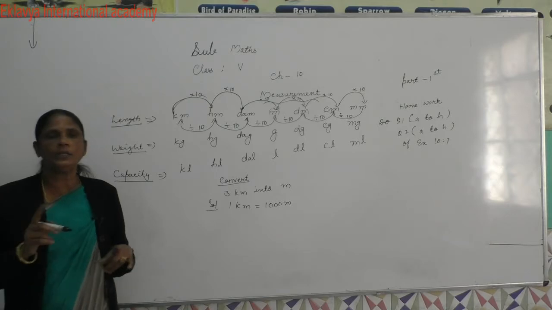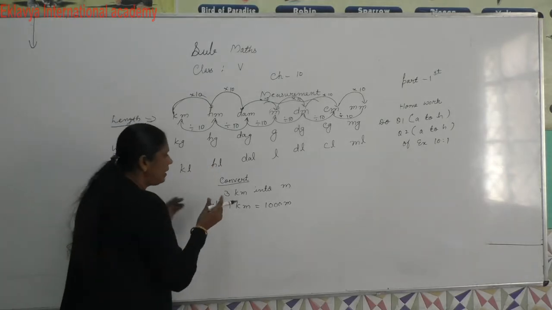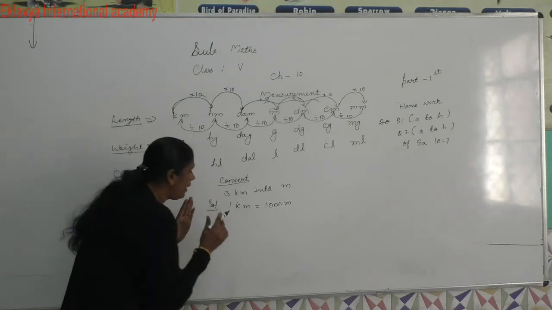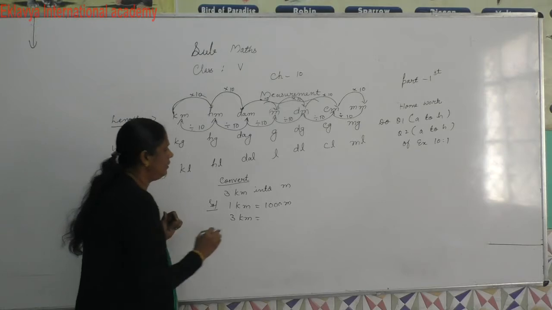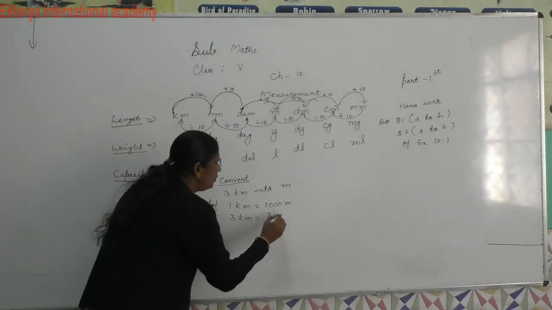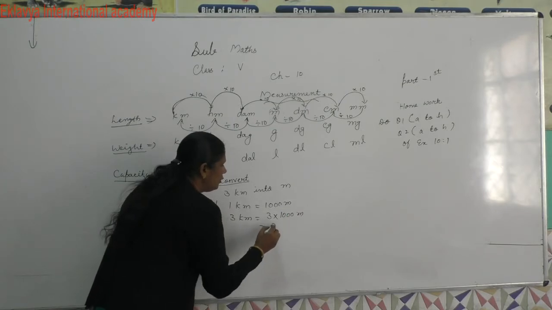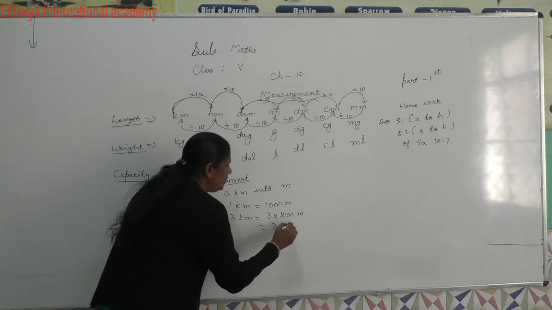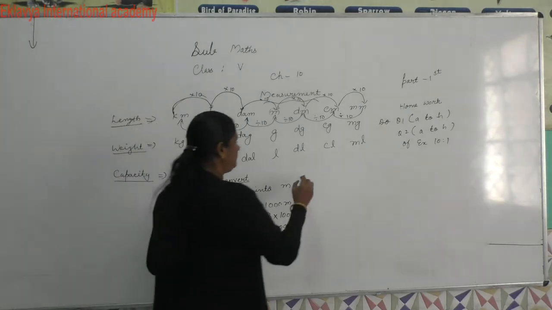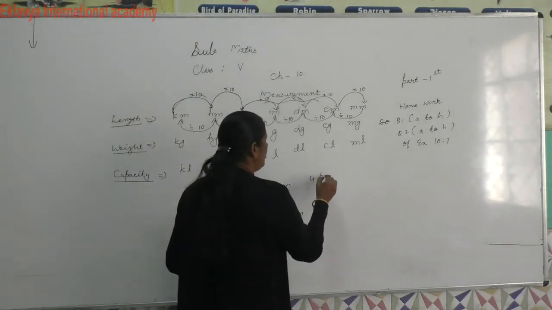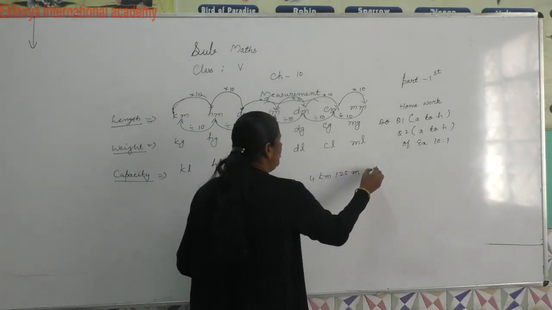Therefore 3 kilometer is equal to 3 into 1000 meter, which is 3000 meter. Do you understand?